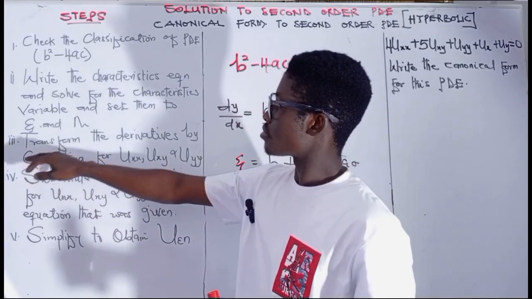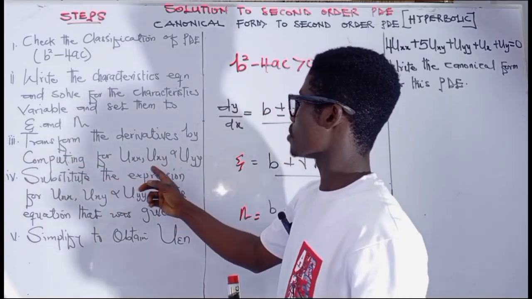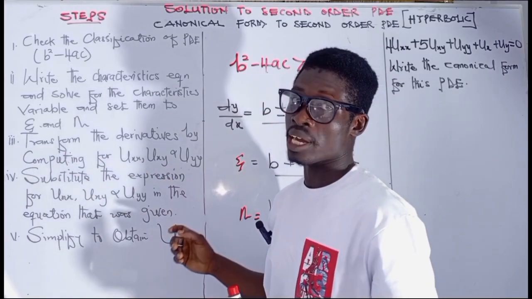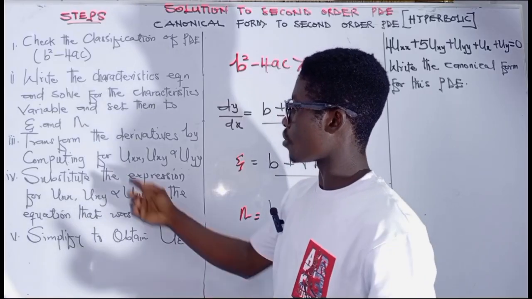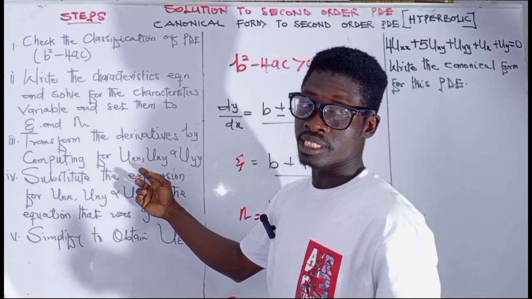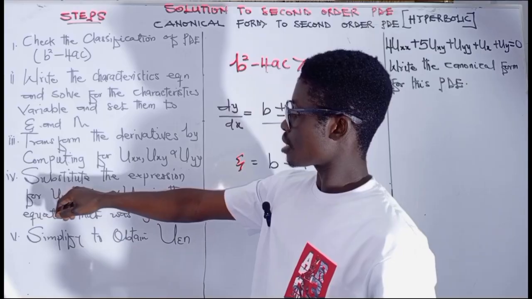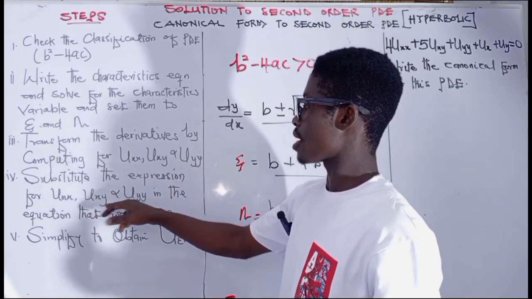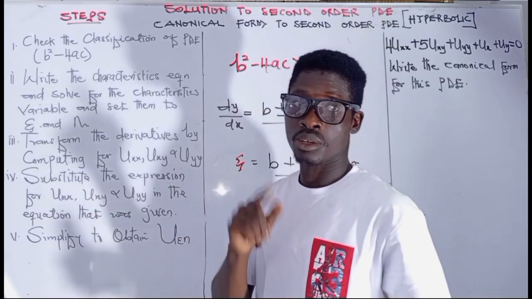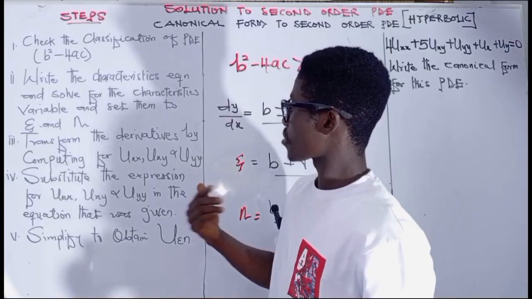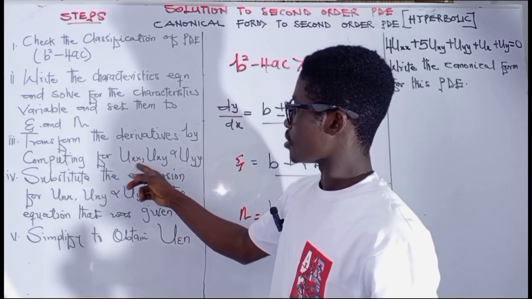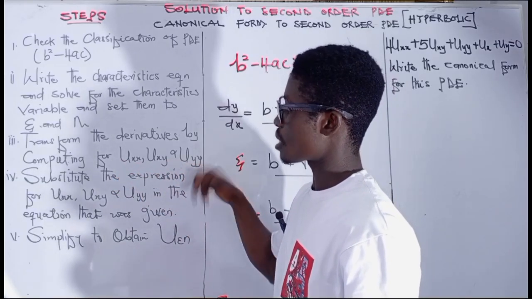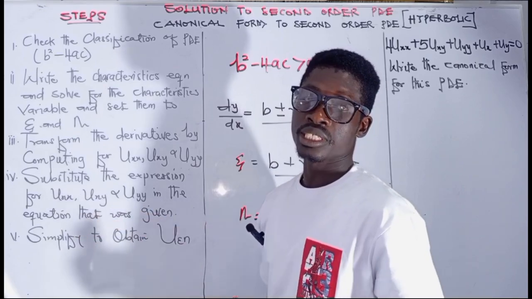The third step: transform the derivatives by computing for uxx, uxy, and then uyy. And we know how we can compute these second partial derivatives. The fourth step says we substitute the expressions for uxx, uxy, and uyy into the equation that was given.